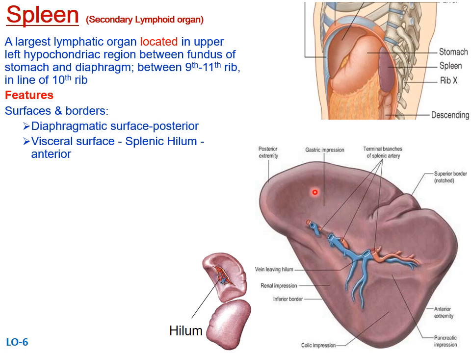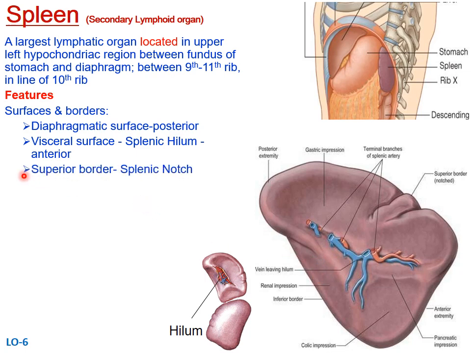This one is the gastric impression, from the stomach. This impression is the renal impression because the kidney is here. So the gastric impression is on the upper side, the colon impression is lower, and more medially we have the kidney.